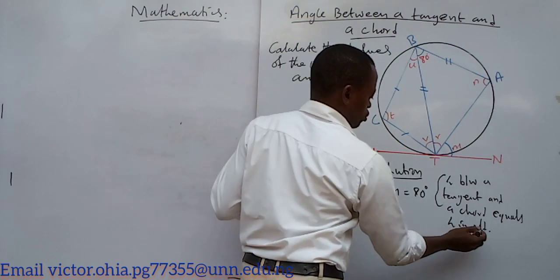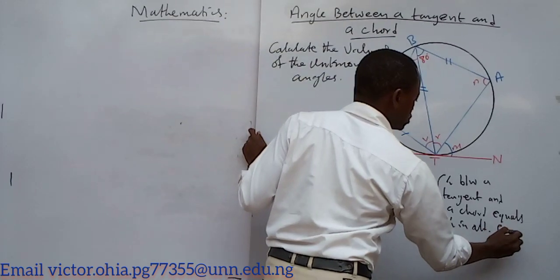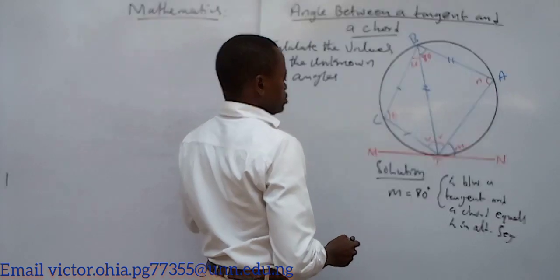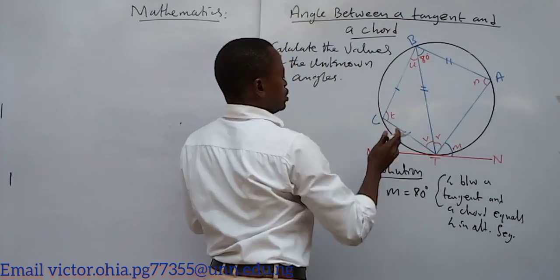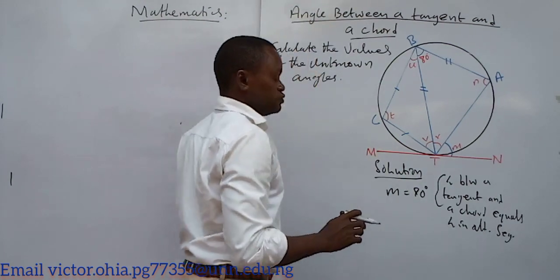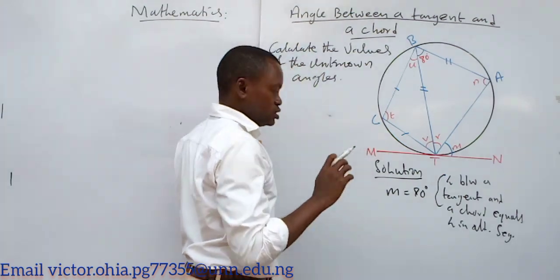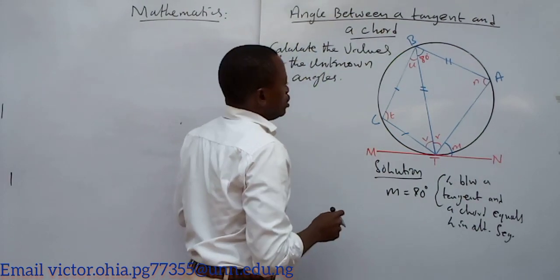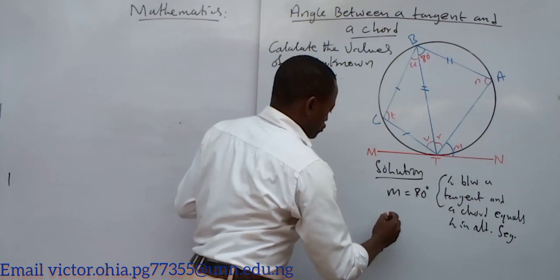I'm using abbreviation, alternate segment. So M is equal to 80 degrees, just like that. If you check out the last class, like I said, you will see the detailed explanation on that theorem.